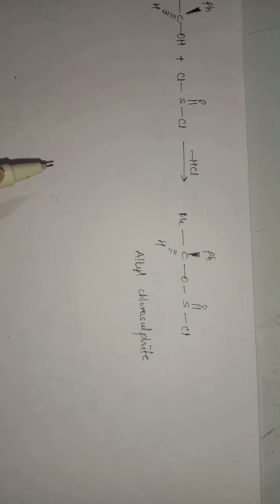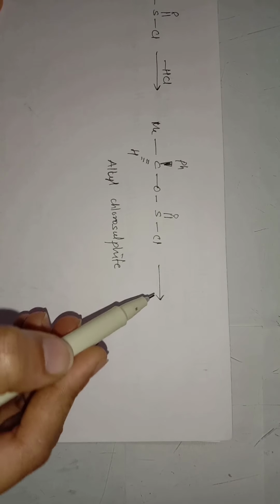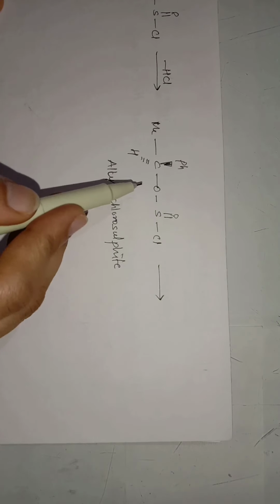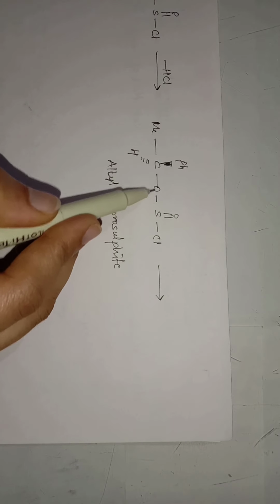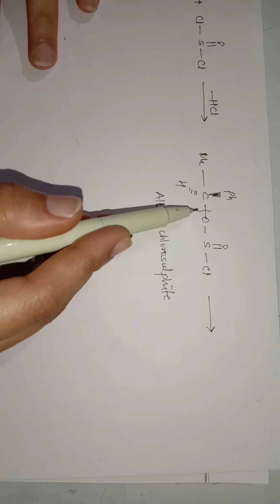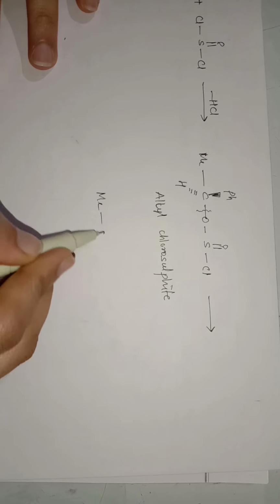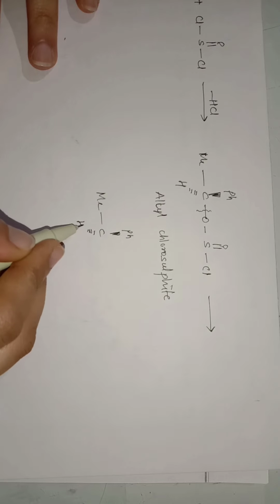Now from this alkyl chlorosulfite, the chlorination will take place, that is, this chlorine atom will attach on this carbon atom. This reaction will not take place by the normal SN2 way. The carbon-oxygen bond breaks down and ion pair formation takes place. When this bond breaks, you get the carbon with the phenyl as it is and this hydrogen as it is.